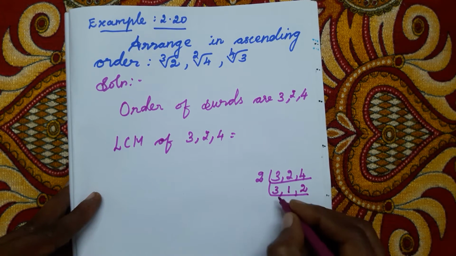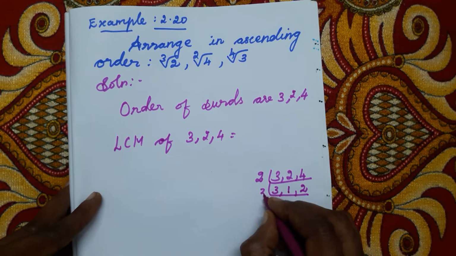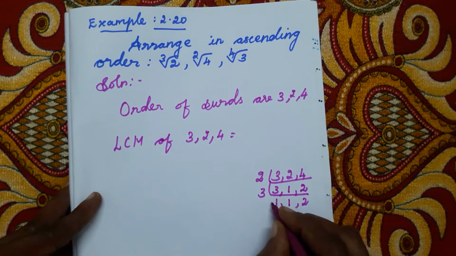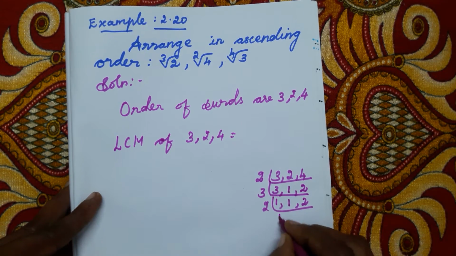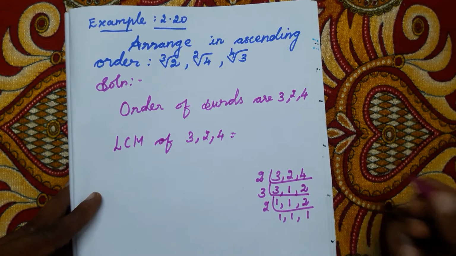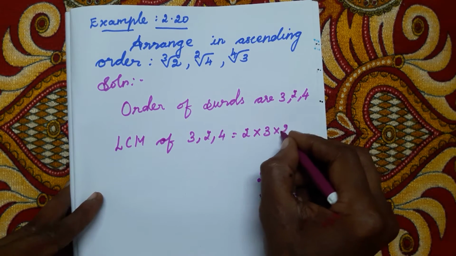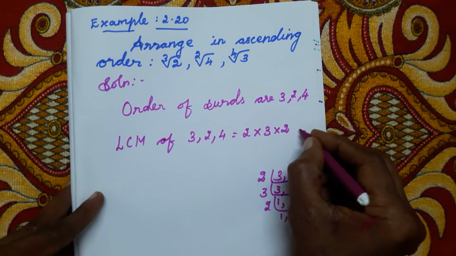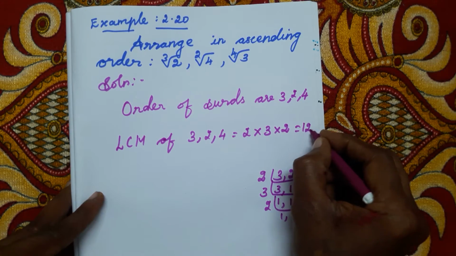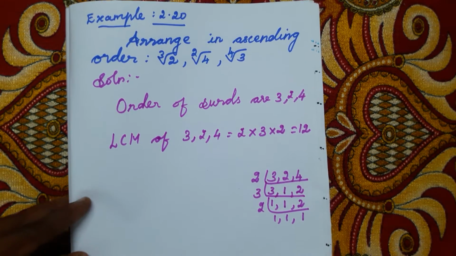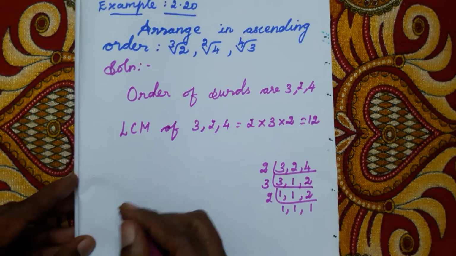Now again we can factorize with the 3 table. 1, 3 is 3, 1, 2. Again the 2 table. 1, 1, 1. So we are getting 2 into 3 into 2. 2 threes are 6, 6 twos are 12. LCM is 12.